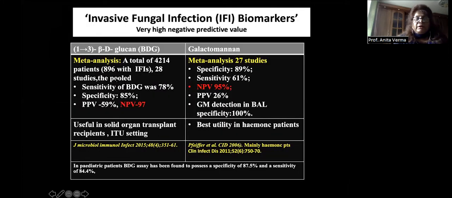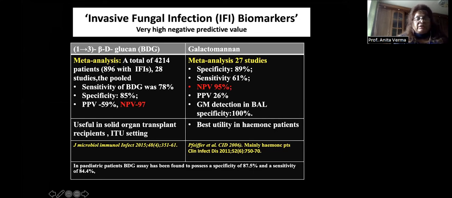In terms of sensitivity and specificity, various meta-analysis studies have shown that sensitivity is low. However, the negative predictive value is very high, and similarly for galactomannan, the negative predictive value is very high. Nowadays, we can use the negative predictive value as a marker for stopping antifungals.